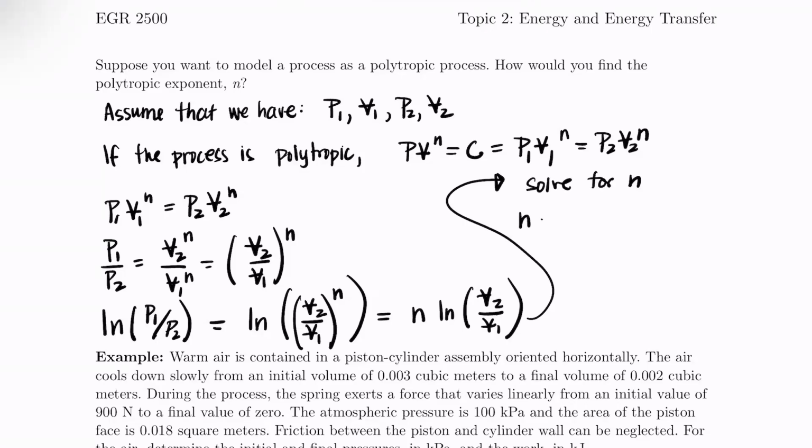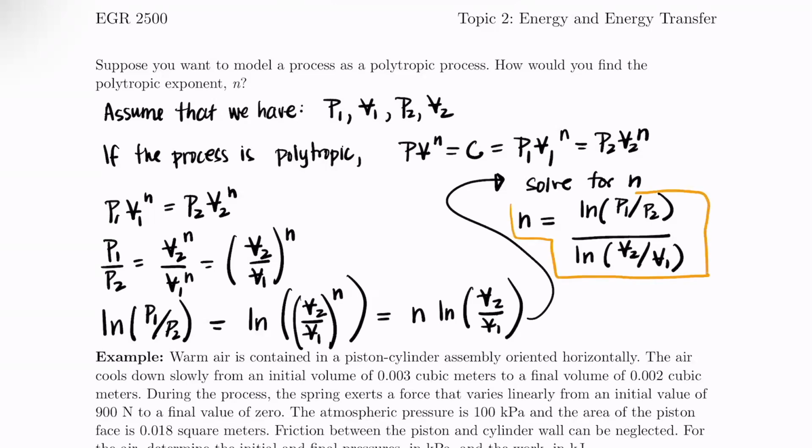So we have that n is equal to the natural log of P1 over P2 divided by the natural log of V2 over V1. So if you had data for two states for a polytropic process, this is how you would calculate the exponent n. Okay, questions?